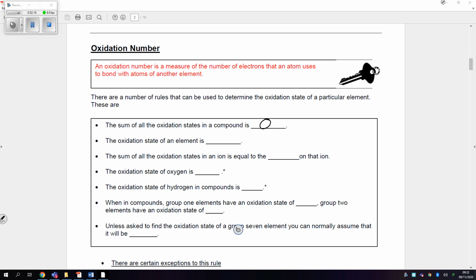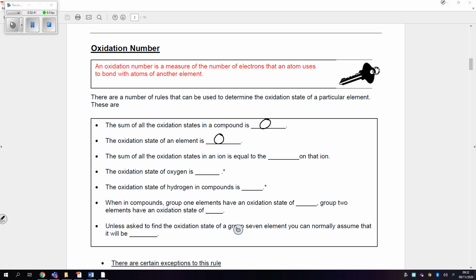We've already said that oxidation number is a measurement of the number of electrons that an atom uses to bond with atoms of another element. Now, in a pure element, there's only one type of atom present, and those atoms won't be bonded to another element, so the oxidation state of any element is also 0.